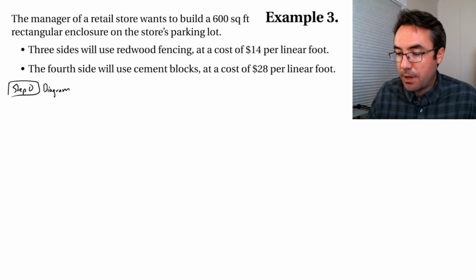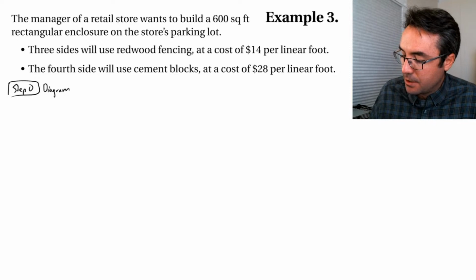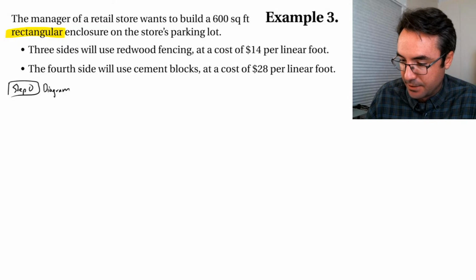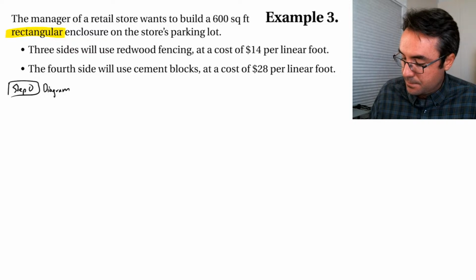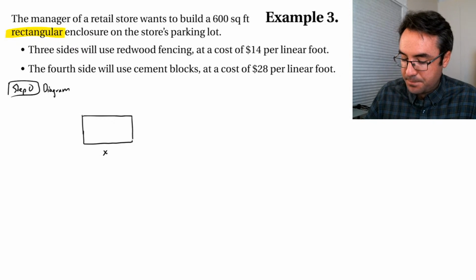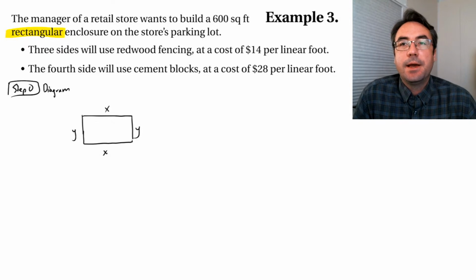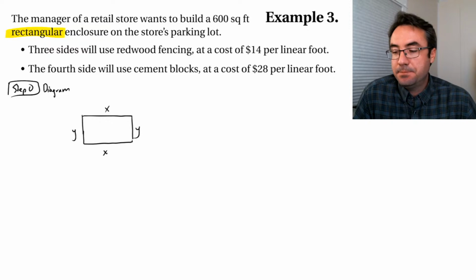So let's start by drawing in our rectangular enclosure. We're going to be fencing something in. So let's draw our rectangle. And rectangles have 2 dimensions, so x and y. All right, so there's our basic diagram.